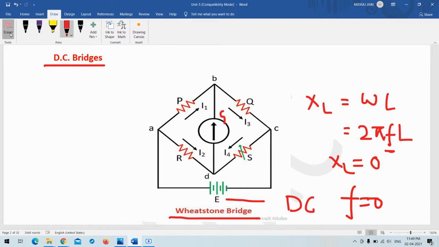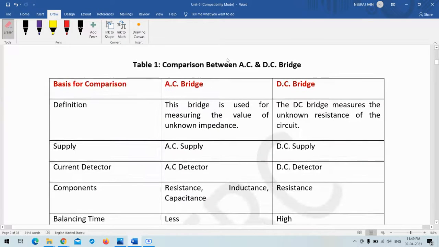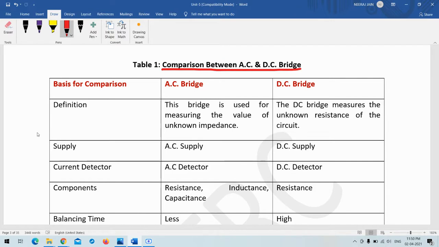So we can see the basic structure of the DC and AC bridges. Then what is the basic difference between these two? We can also see that in tabular form. Here we have done the comparison of the AC and DC bridges in tabular form.